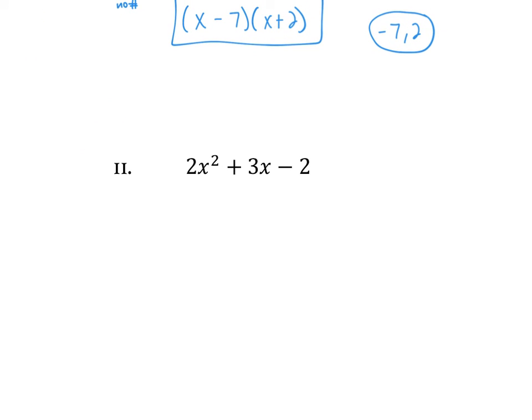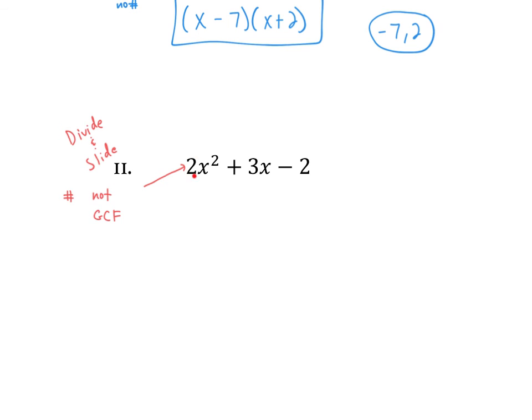Okay, next one is divide and slide. Because there's a number in front of the x squared, that's not the GCF. So number, not GCF. That's divide and slide.